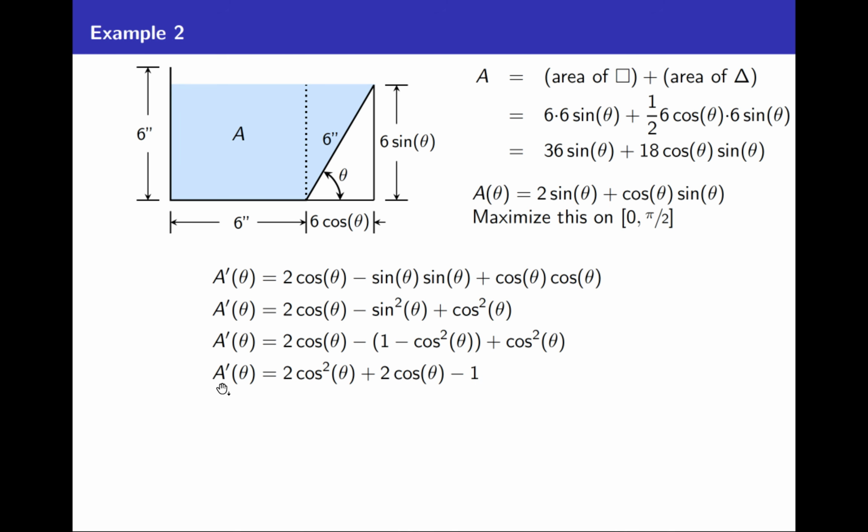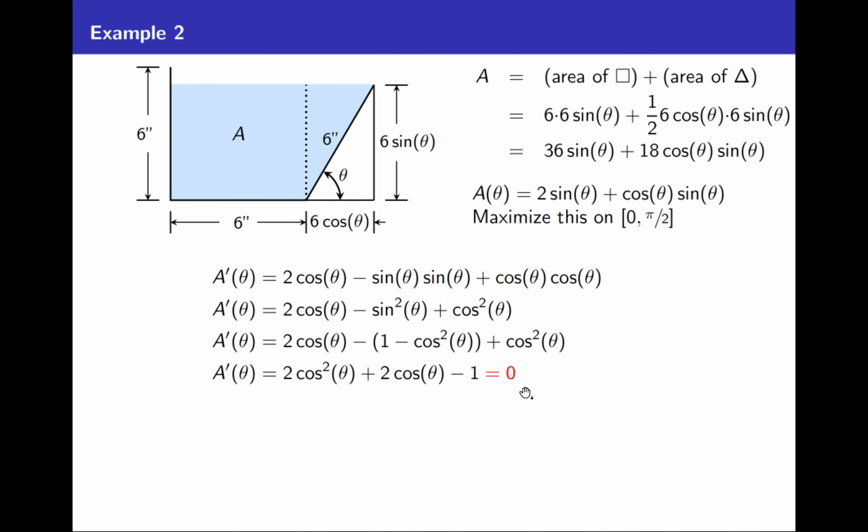Our derivative is A prime of theta equals 2 cosine squared theta plus 2 cosine theta minus 1. So we're looking for critical points here. So we're going to set that equal to 0 and try to solve it. We want to find the value of theta that makes this expression equal to 0. In other words, we need to solve this trigonometric equation.